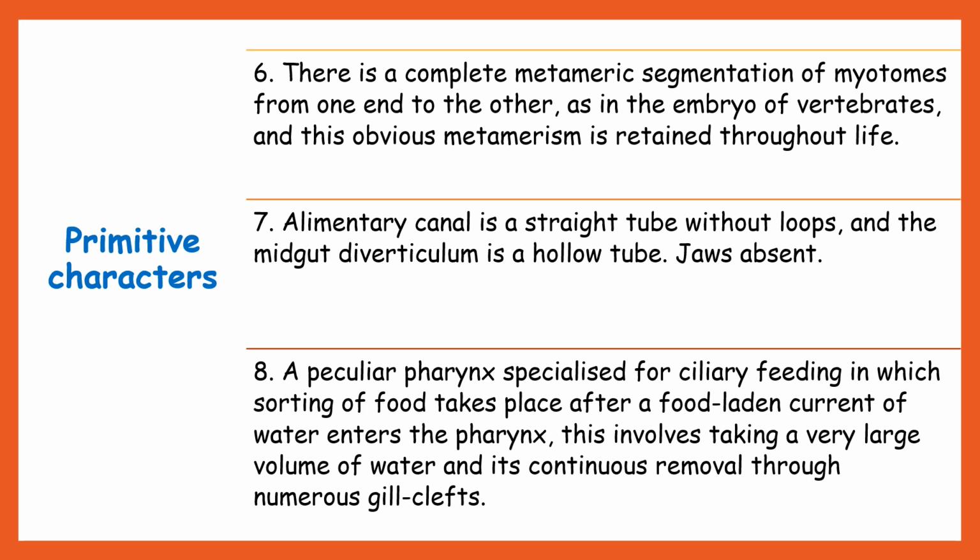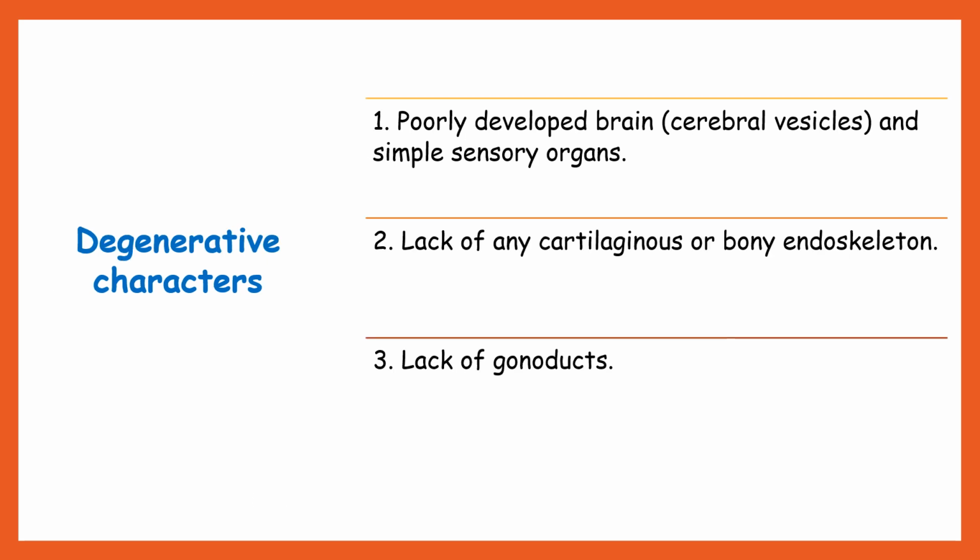A peculiar pharynx specialized for ciliary feeding, in which sorting of food takes place after a food-laden current of water enters the pharynx. This process involves taking in very large volumes of water and its continuous removal through the gill clefts which are present on the lateral walls of the pharynx.